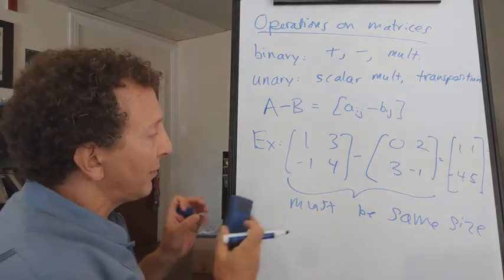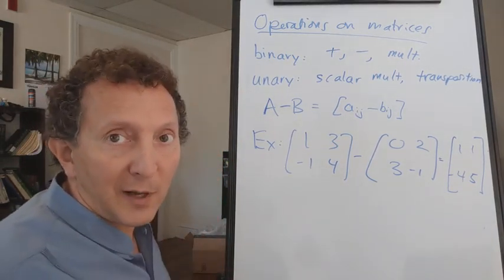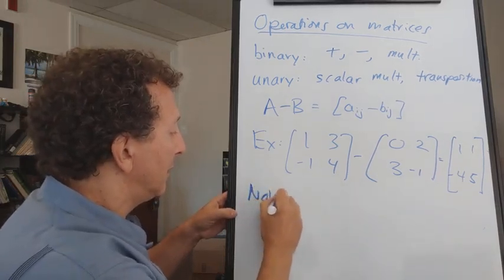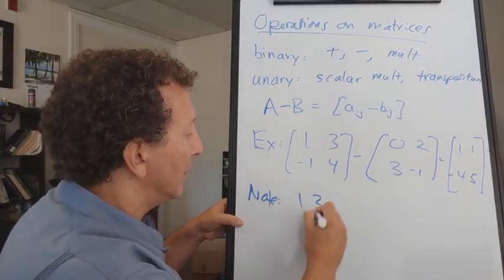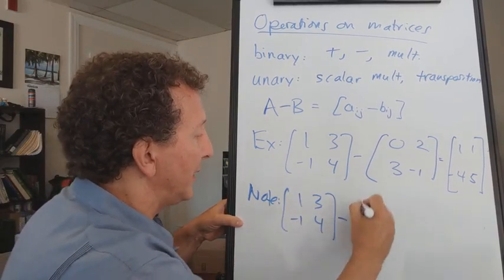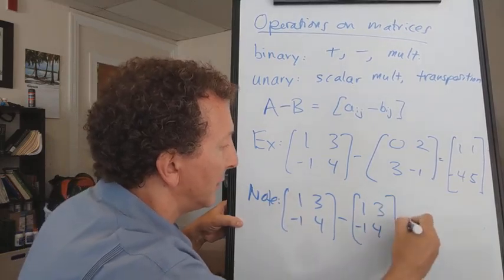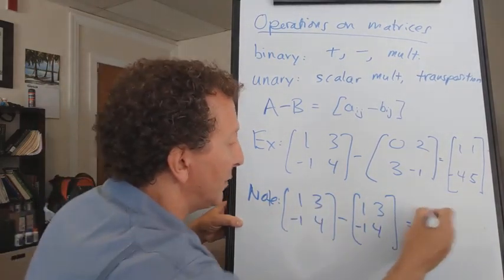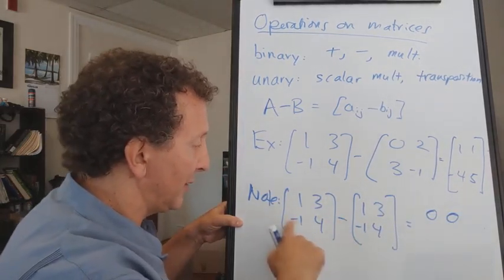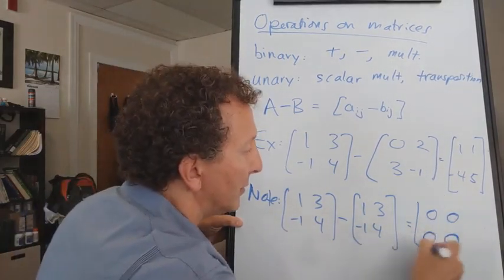4 minus negative 1 is 4 plus 1, which is 5. And maybe it's worth mentioning that if we take a matrix and subtract itself from it, like [1, 3; -1, 4] minus [1, 3; -1, 4], we get 1 minus 1 is 0, 3 minus 3 is 0, negative 1 minus negative 1 is negative 1 plus 1 is 0, 4 minus 4 is 0.